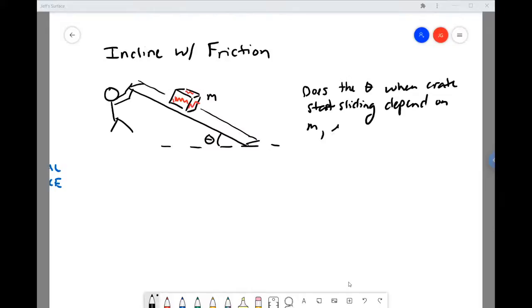Does it depend on the coefficient of static friction? If we want to know when the crate begins to slide, that's a question about the maximum amount of static friction between this crate and the surface. Does the angle where the crate starts sliding depend on these things? What are some other things? Well, it could be g, the acceleration due to gravity, because that's pulling down the crate.